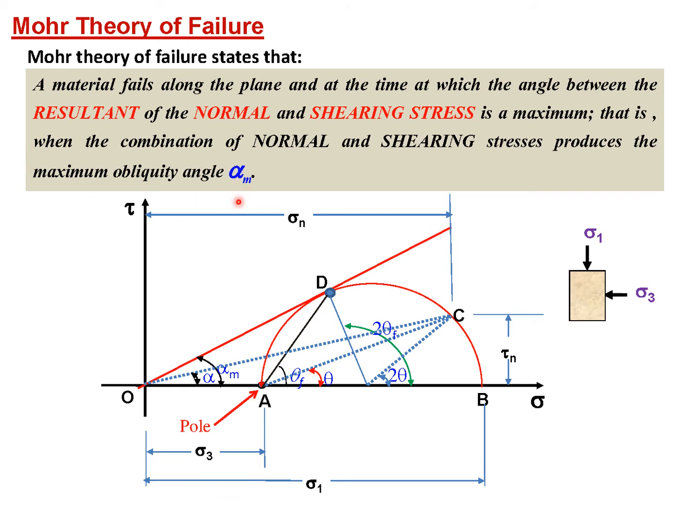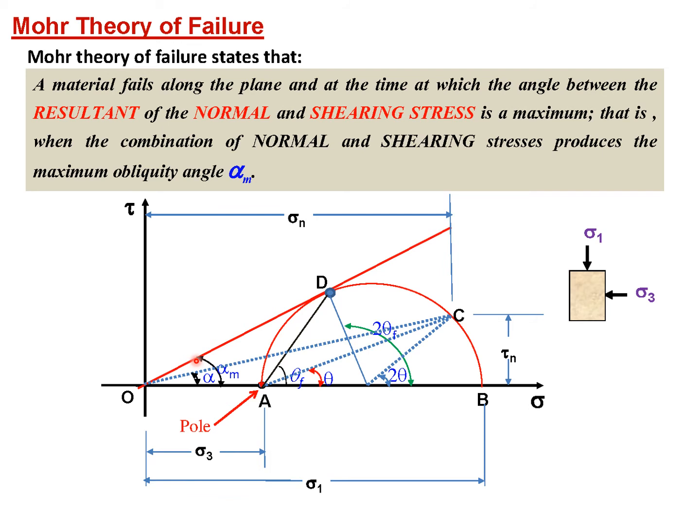Now to understand this, look at that. This is the Mohr circle, the half circle is shown. So you can draw the half circle, that would be enough. From here you can see that if we draw a line, this one, which is touching this Mohr circle at point T, this angle is the angle of maximum obliquity, that is alpha m.